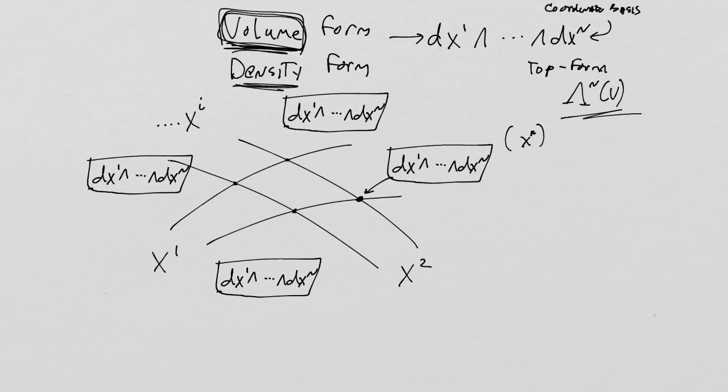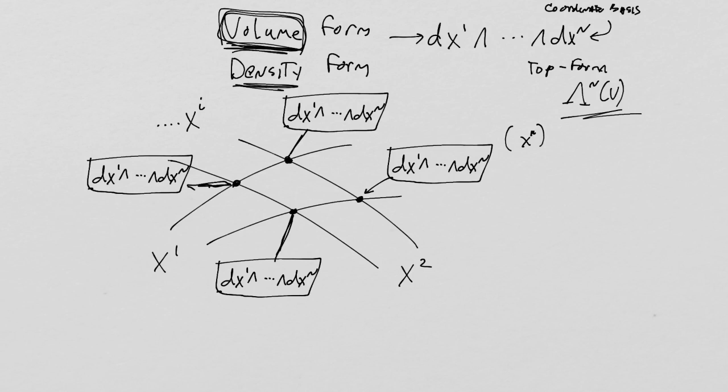It's the same basis vector in the sense that it's the same ordering of the coordinates at every point. And I can establish that basis vector for every one of the one-dimensional top form tensor product spaces at every point in space-time.